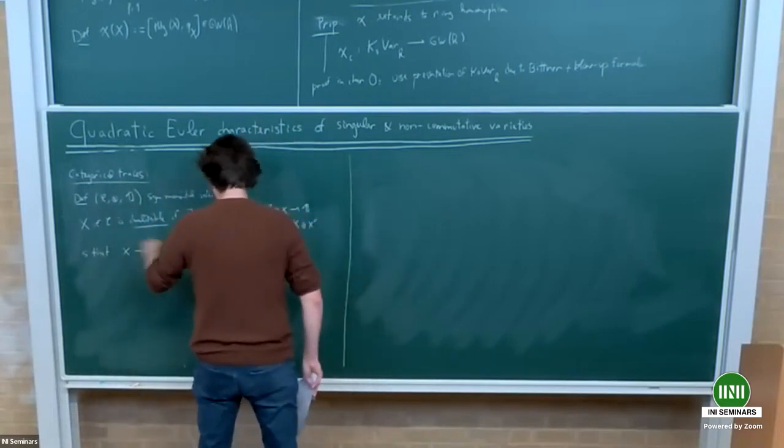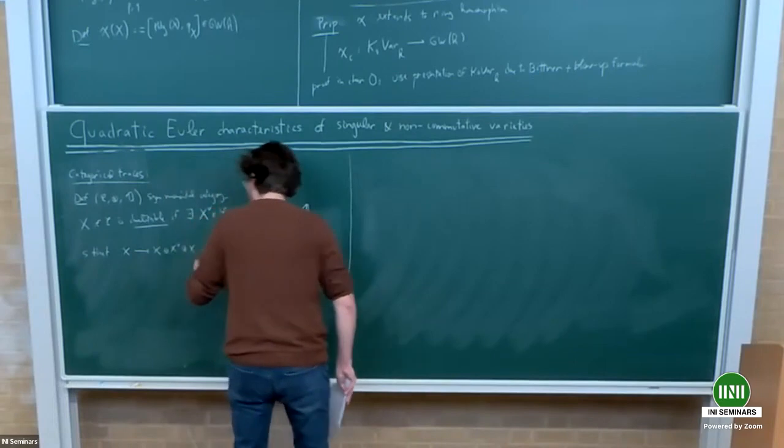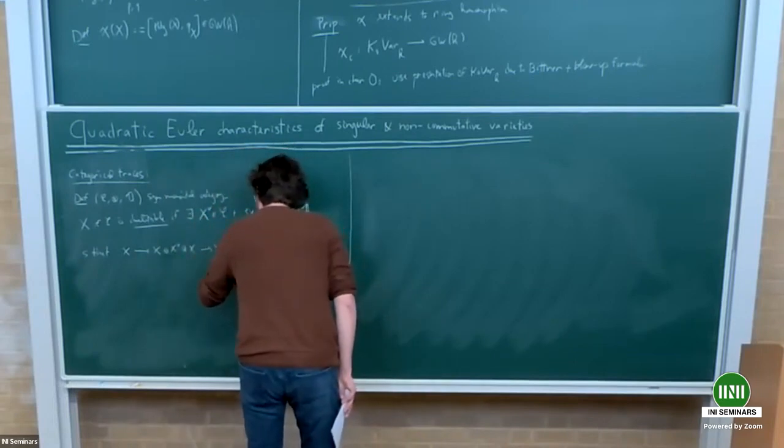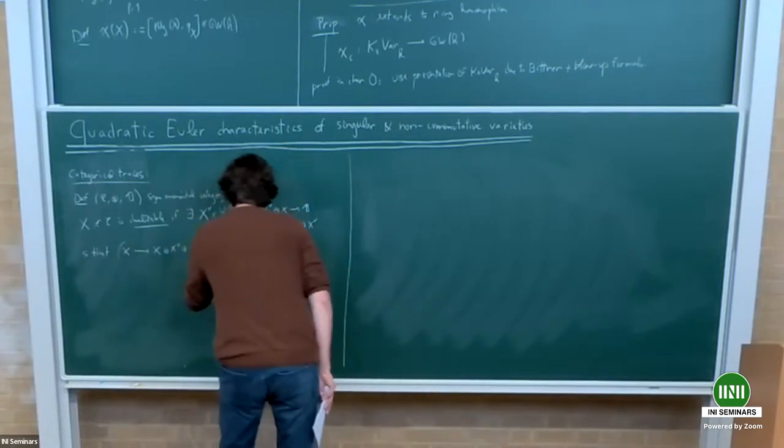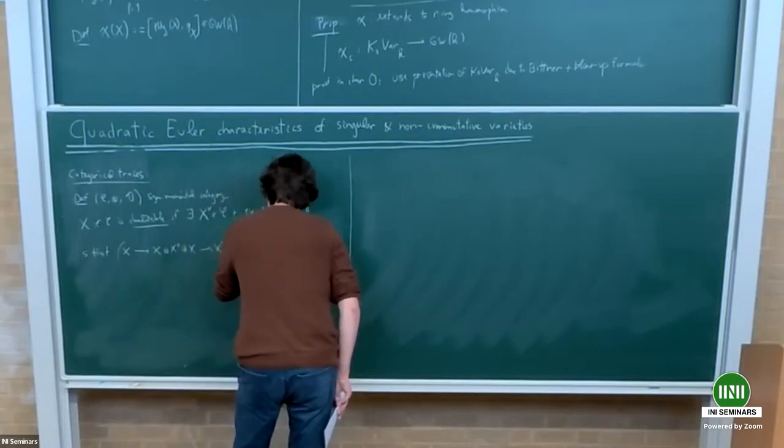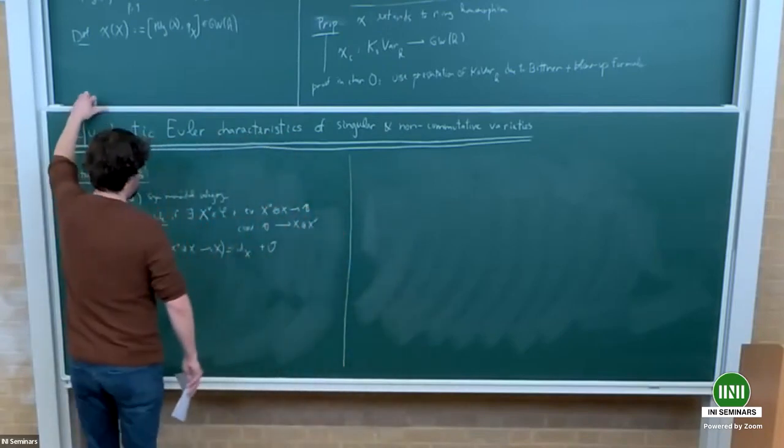If you use these two maps to define a composition in the only way that makes sense, this composition is the identity of X, and then there is just the same one for its dual.